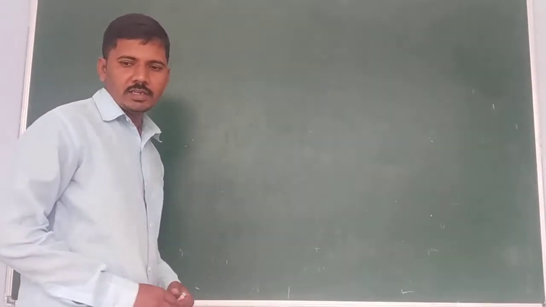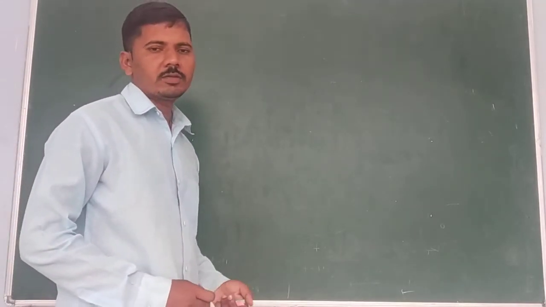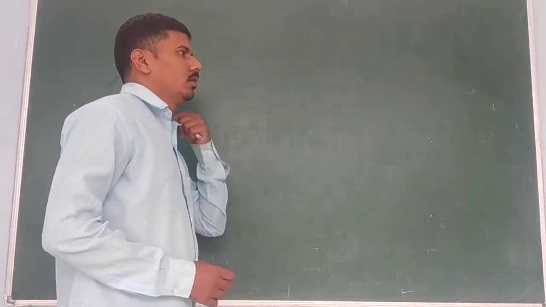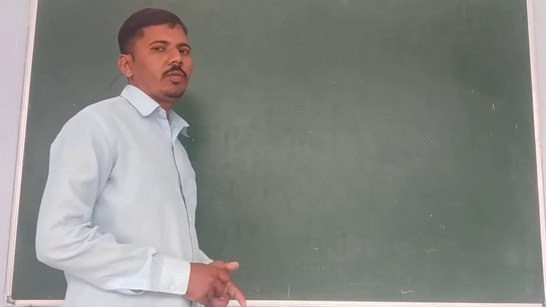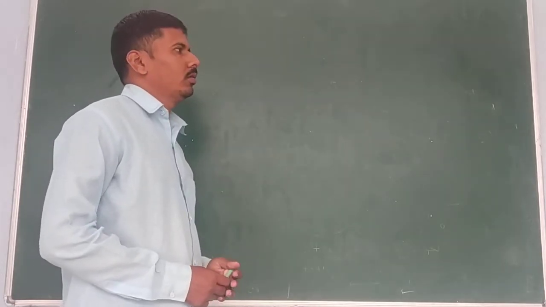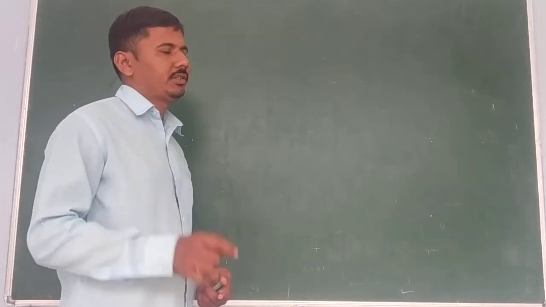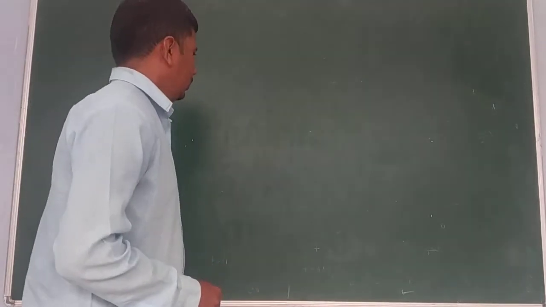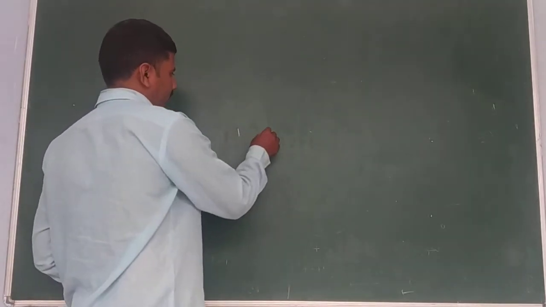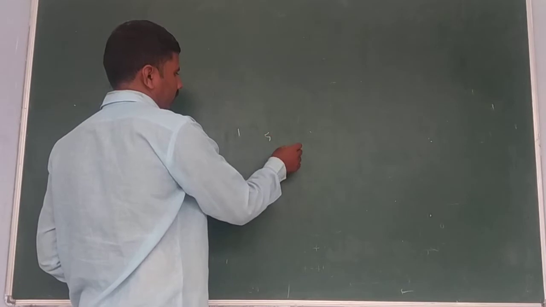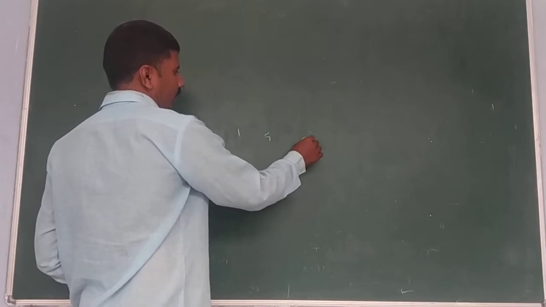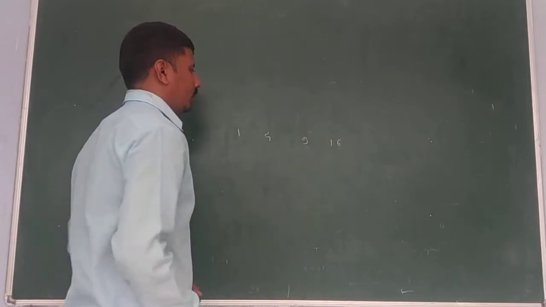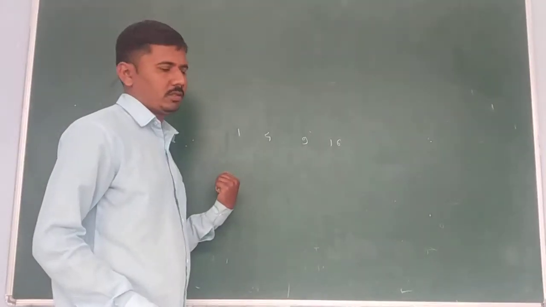Hello students, in the last lecture we started with special series. A series is a set of numbers which follow certain conditions. So 1, 4, 9, 16 is also one series.